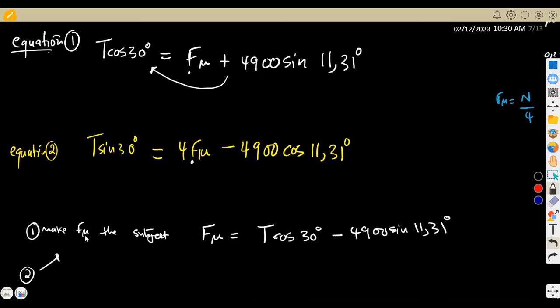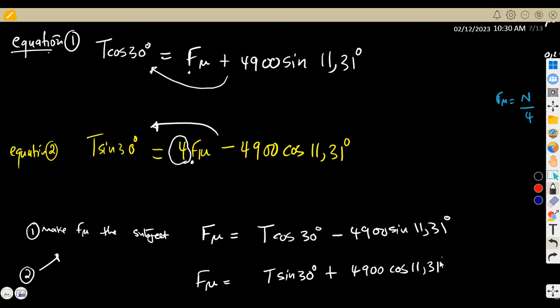We make this the subject. If we transpose this, it is going to add. Then you divide by 4, because it was 4 times the frictional force. So your frictional force is going to be equivalent to T sine of 30 degrees plus 4,900 cos 11.31 degrees, everything divided by 4. Here you divide by 4, here you divide by 4.